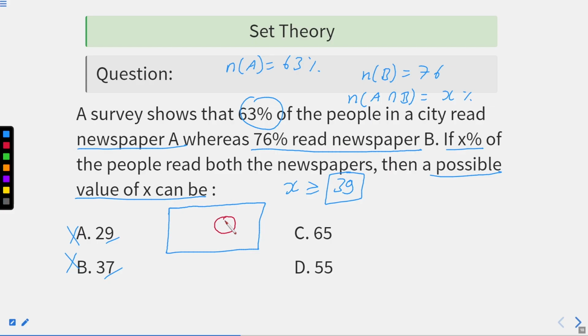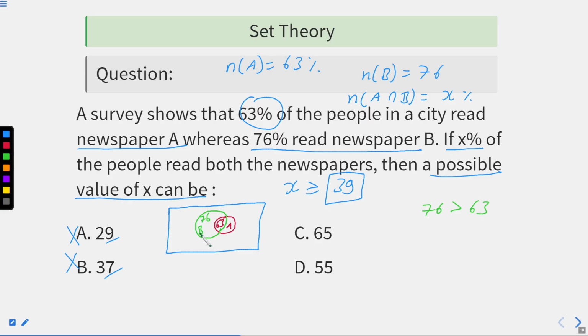Now we know 76 is greater than 63. The number of people who read newspaper B is 76%, so the circle for B must be larger than A.